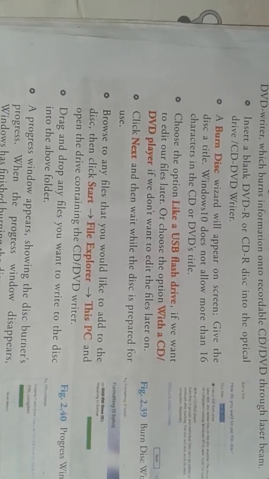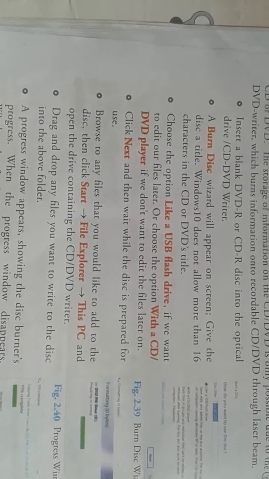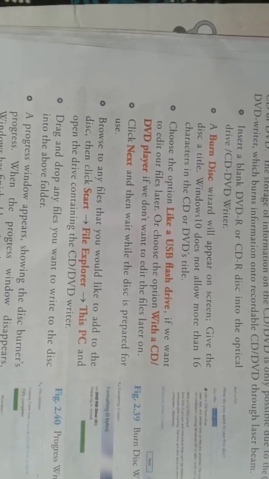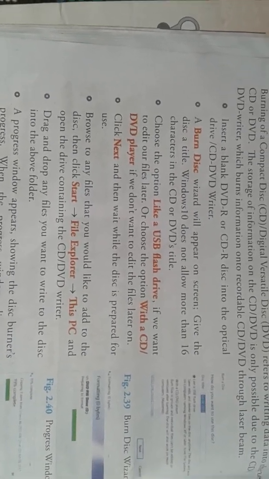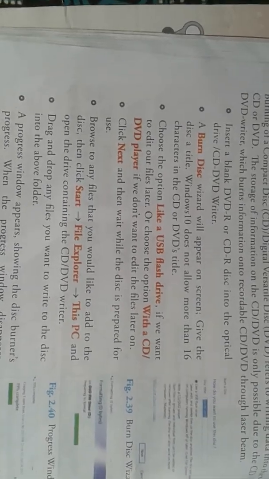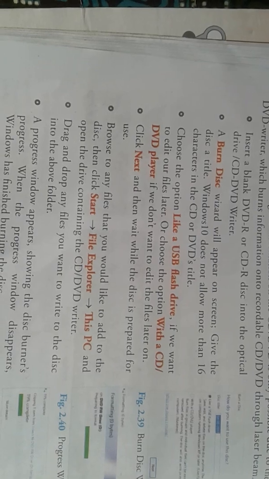Means if you want to edit, you have to choose USB flash drive. If you don't want to edit, choose with a CD or DVD player. Click on Next and then wait while the disc is prepared for use.